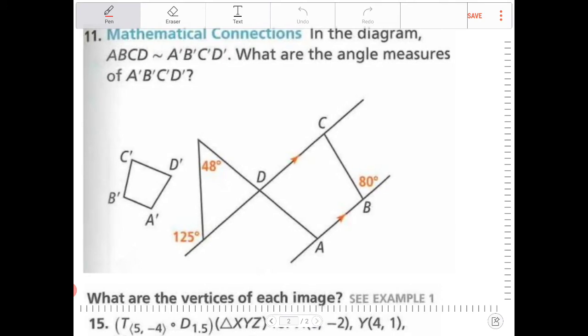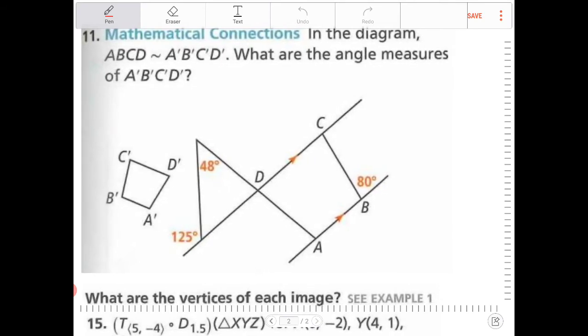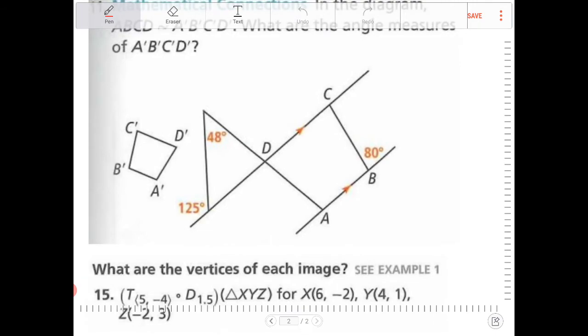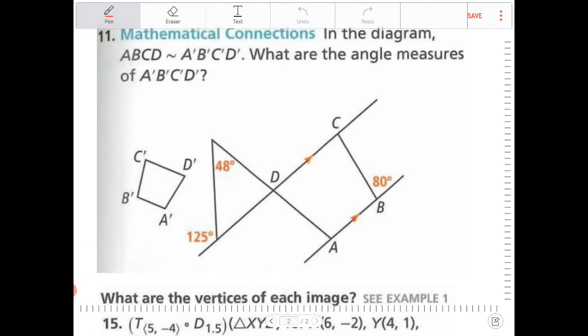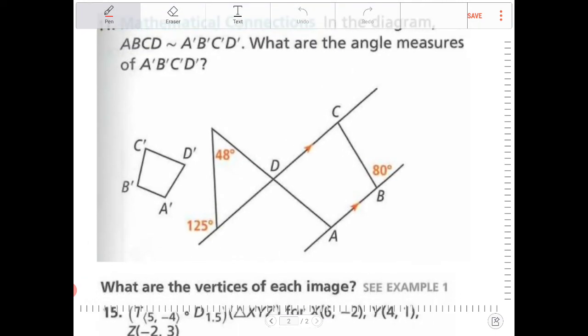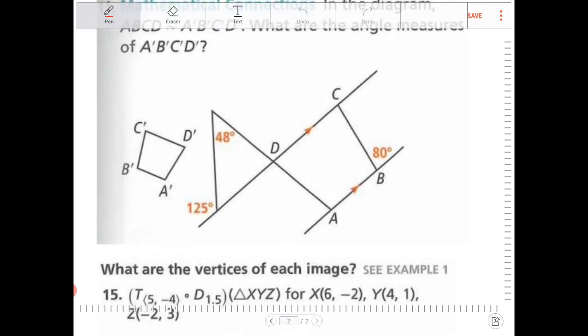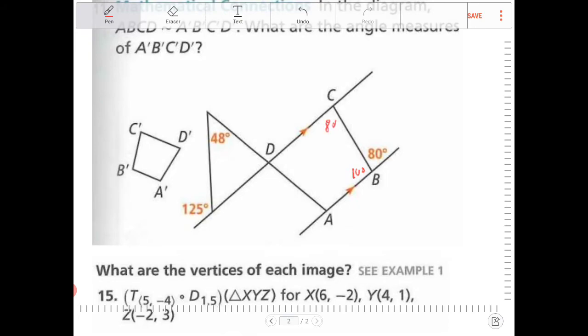In the diagram ABCD, A prime, B prime, C prime, D prime, what are the angle measures of A prime, B prime, C prime, D prime? Okay, so they're telling us that the two shapes are similar. So if that's the case, ABCD, since I know that this is parallel, this is 80 degrees, this must be 100, this must be 80.